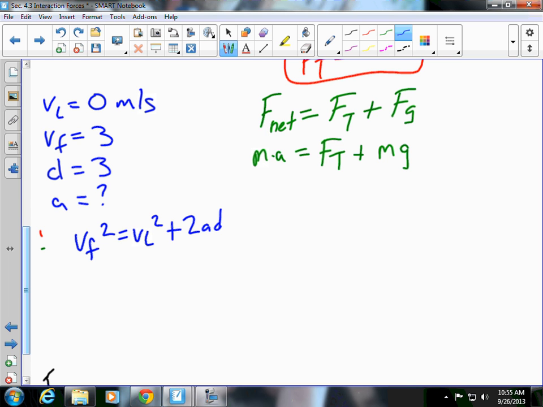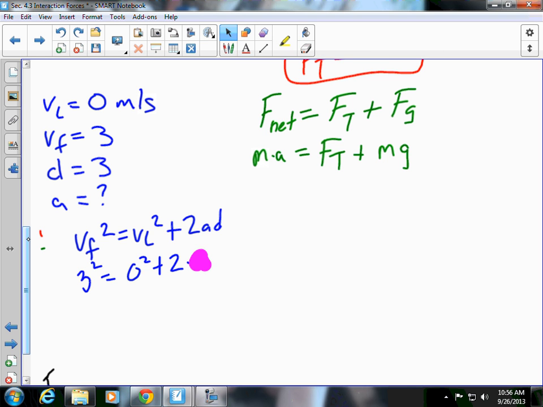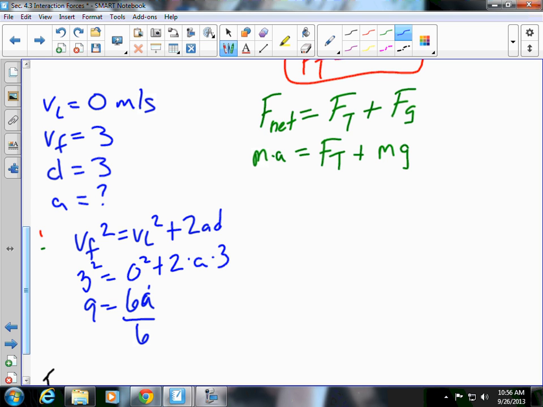Go ahead and plug everything in. 3 squared is equal to 0 squared plus 2 times a times 3, which is the distance. We have 9 is equal to 6a. We divide by 6, and we just solved that our acceleration is 1.5 meters per second squared.